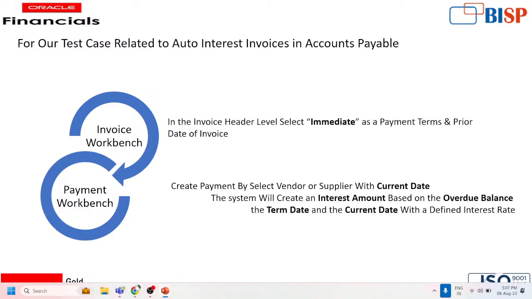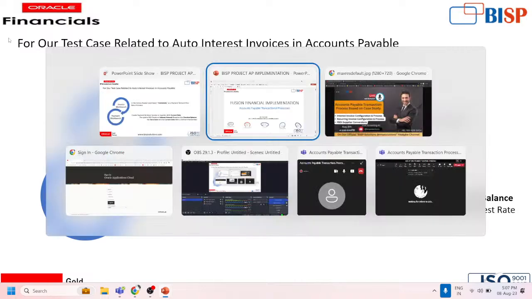So let us now move to the application, how the things to be performed. So first we will go with the configuration. That is, in the invoice option, we will enable the create interest invoice, right? So let us navigate to that.